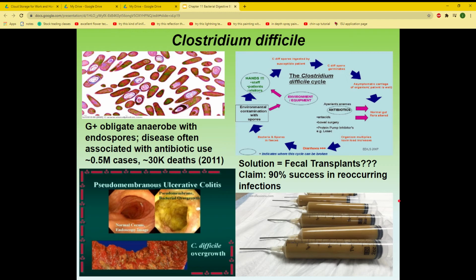Gram positive, it's an obligate anaerobe. That means that it is going to be found deep inside the intestine where there's not a lot of oxygen going on. And Clostridium can be passed around.